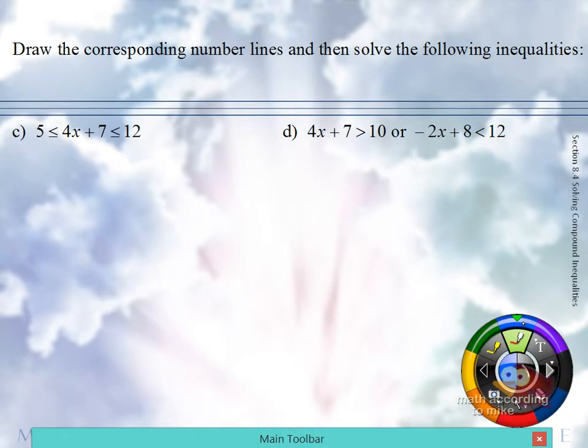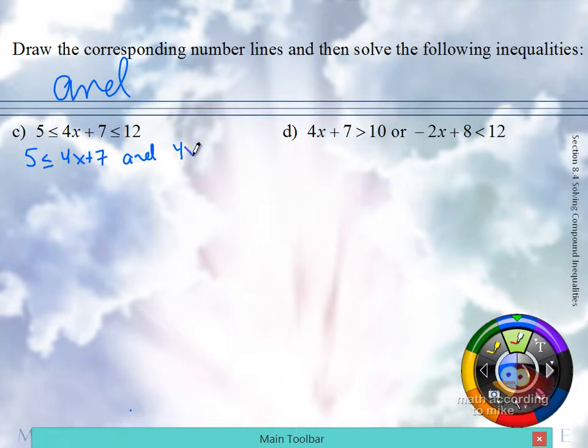Good. C. When you have that string like that, this is automatically an AND statement. So one thing I did not tell you in 2.7, which I could have told you, but I chose not to because I'm like that, is you could have broken that up into two parts.